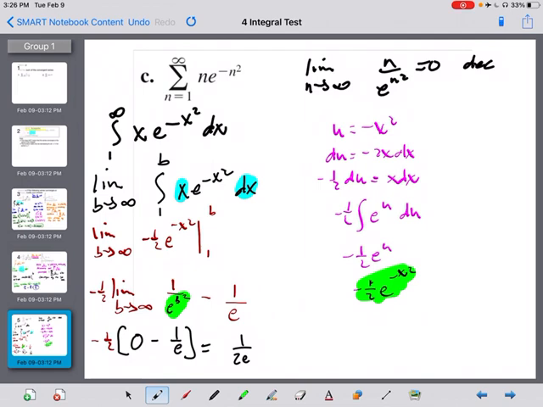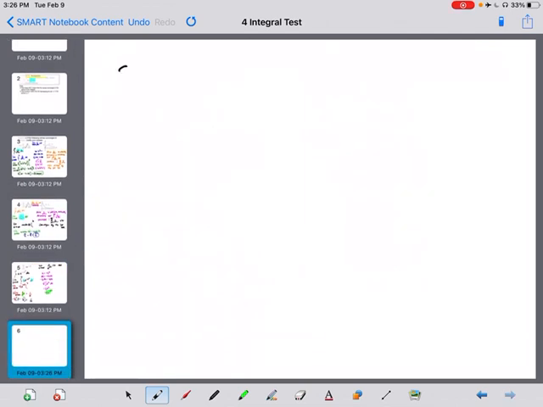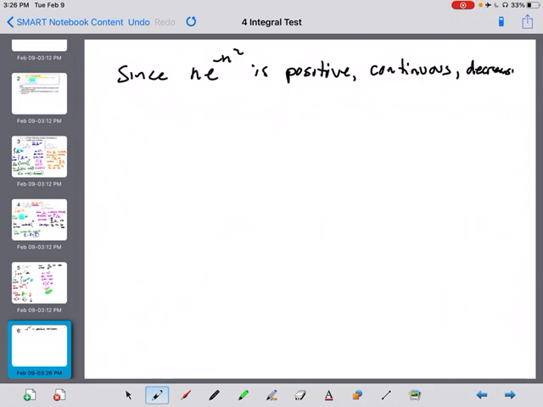So as our statement, I guess I'll just go to one more here. Since n e to the negative n squared is positive, continuous, decreasing, and the integral from 1 to infinity of 1 over x squared plus 1 dx converges.